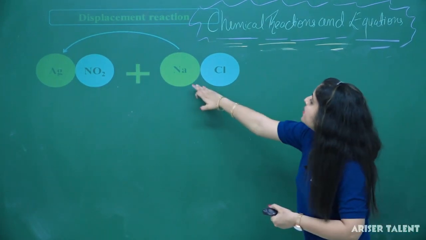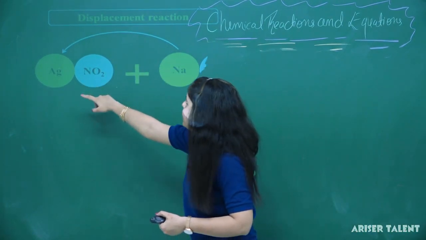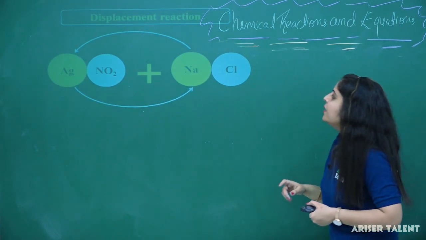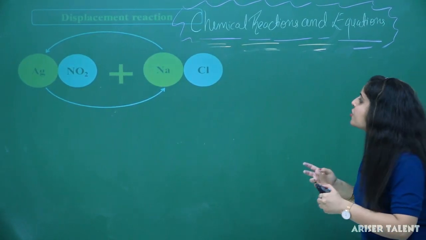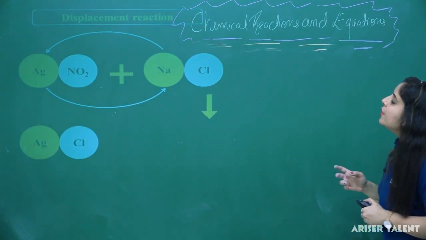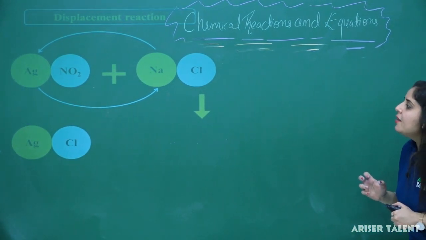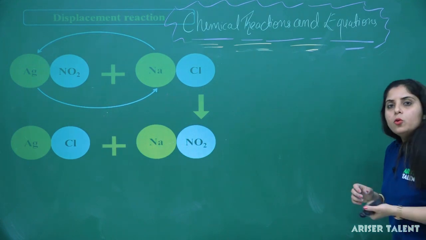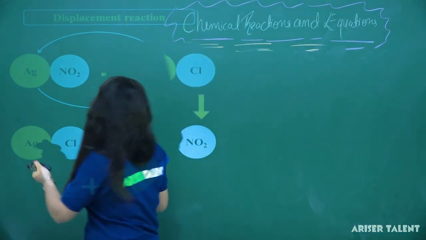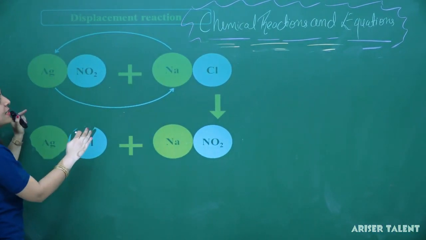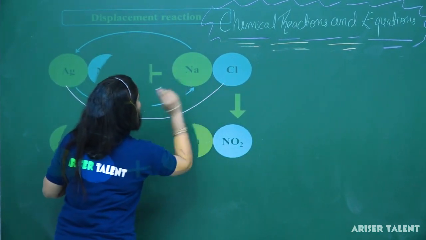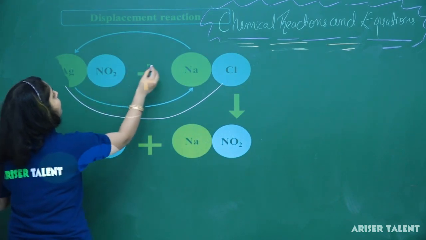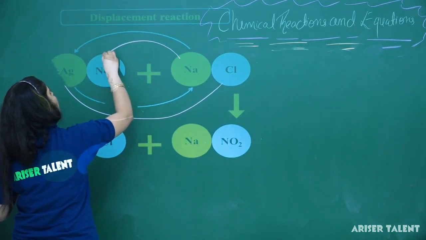Na will react with NO2, and Ag will react with chlorine. On the product side we will get AgCl and NaNO2.